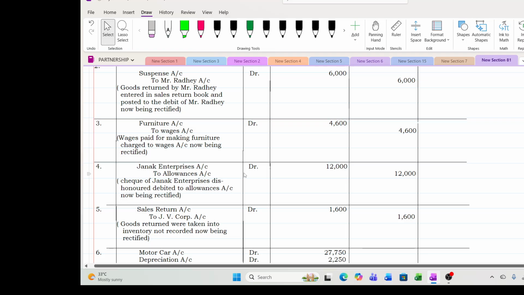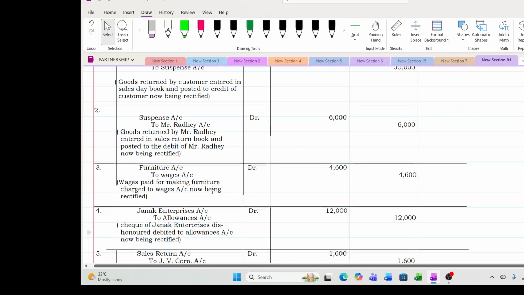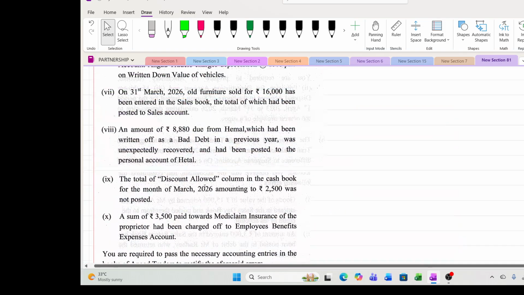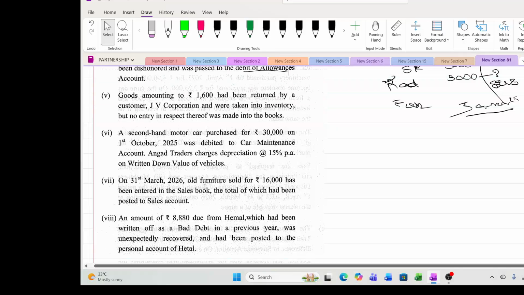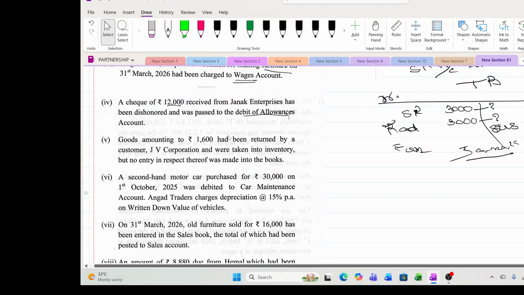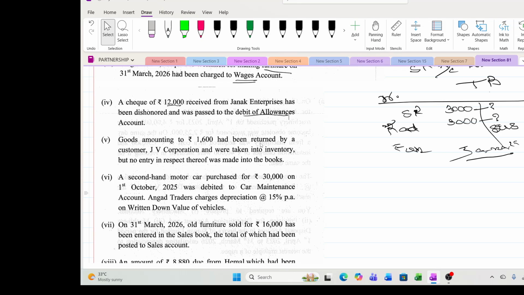So Janak Enterprises is debited to allowances account. This is the error. Dishonor is by mistake debited to allowances, now being rectified. Moving on to the next item. Goods amounting 1600 returned by a customer, JV Corporation, were taken into inventory, but no entry in respect thereof was made in the books.